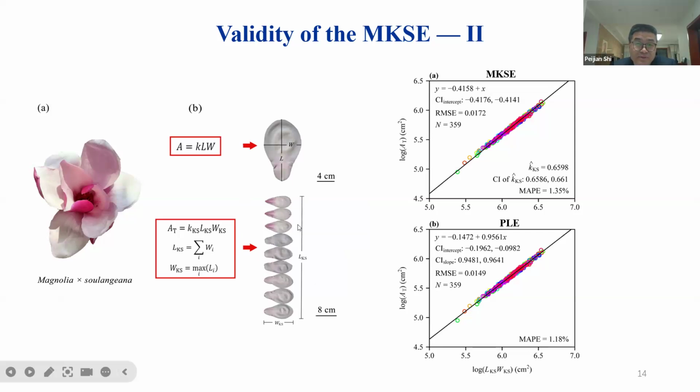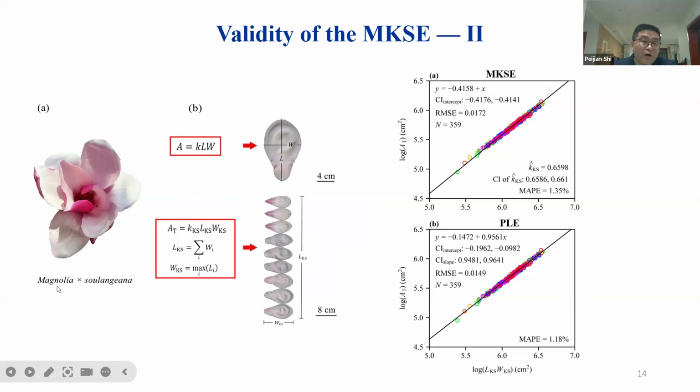Here LKS means the sum of tepal lengths on a flower, and WKS means the maximum tepal width.